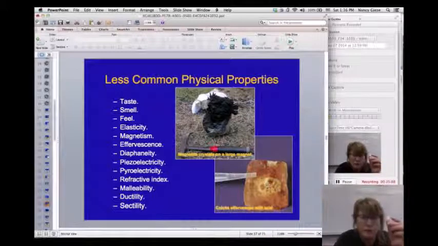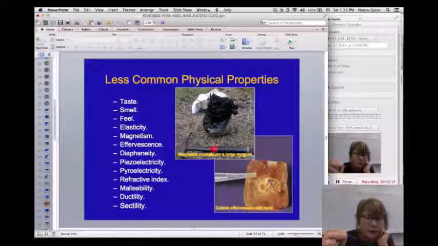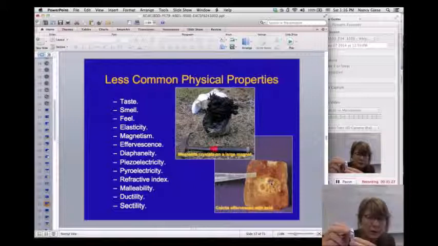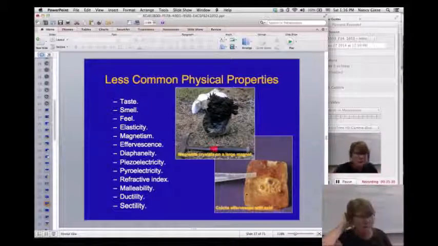Some minerals you might not notice if you're actually seeing air bubbles forming. One thing that you might do is take your nail and scratch the surface of the mineral, make a little bit of powder on it, and then leaving the powder there, then put a drop of acid on the surface of the powder and see if bubbles are forming. But usually you don't need to do that. You can just put a drop of the acid on the mineral surface to see if the bubbles form.